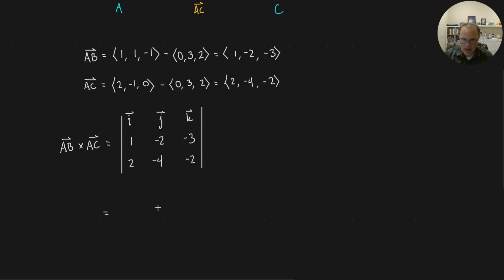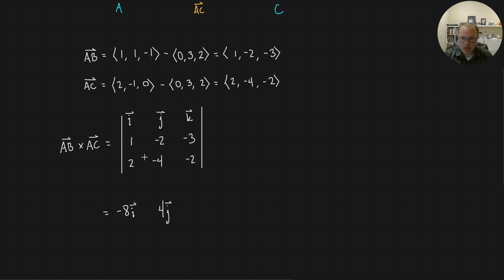Okay, so for i I get 4 minus 12. 4 minus 12 is negative 8. So negative 8i. Then j, I get negative 2 minus negative 6. So negative 2 plus 6 is 4.